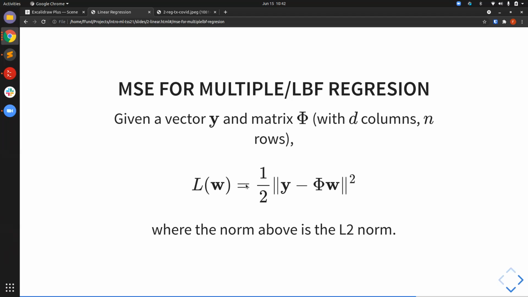I put that half factor in there because it makes some stuff cancel out. When we're trying to minimize something, constant factors don't matter anyways. This is equivalent to minimizing the residual, so we're really minimizing the L2 norm of the residual.